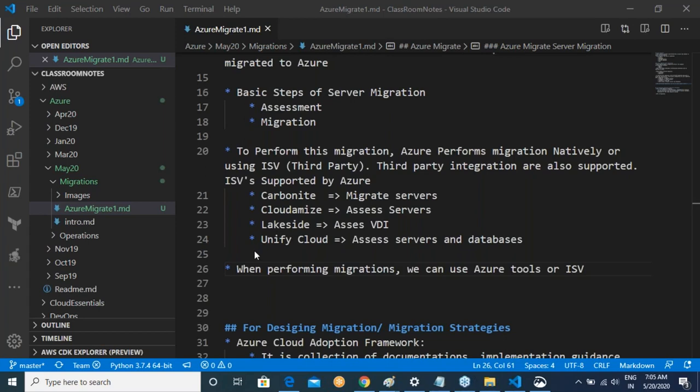We will be looking into that, because I have mentioned an area called VDI migration. When we speak about VDI migration, we'll look into the different VDIs that are supported.